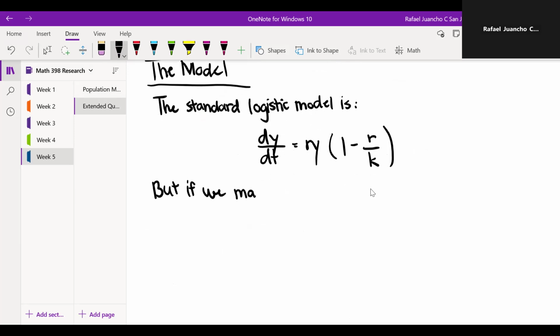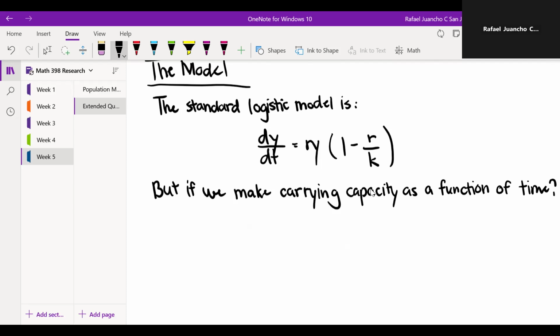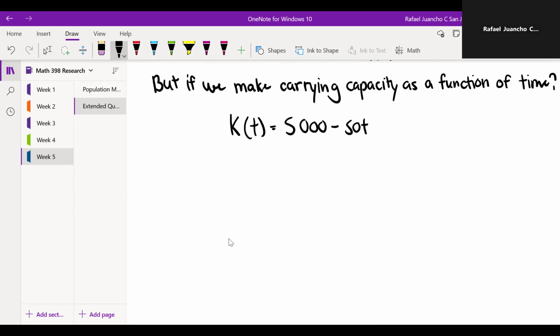But what if we make the carrying capacity some function of time? Well, then it becomes some k of t, which is something like this, right?